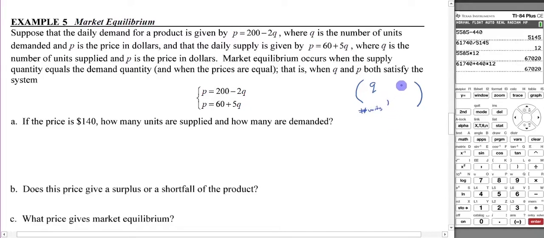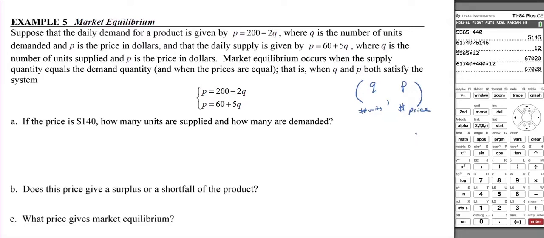And then P is the price in dollars. And so every point on these graphs is a QP coordinate where the first number is the number of units supplied or the number of units demanded, and the second number is the dollar price.